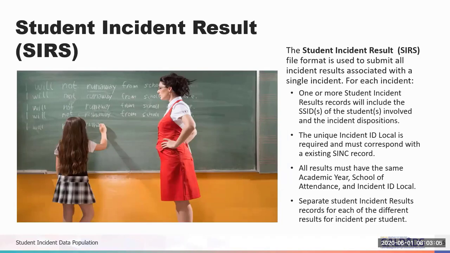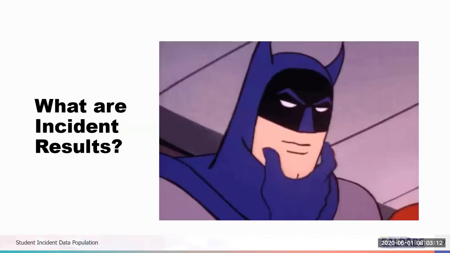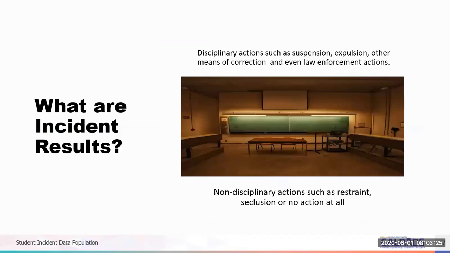Each student involved in an incident must have a separate incident results record. What are incident results? They are disciplinary actions such as suspensions, expulsions, and other means of correction, even law enforcement actions. They also are non-disciplinary actions such as restraints and seclusion or no action at all.